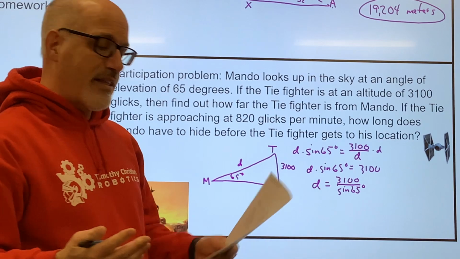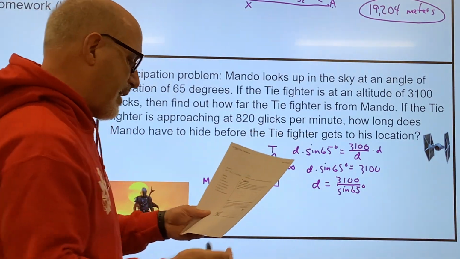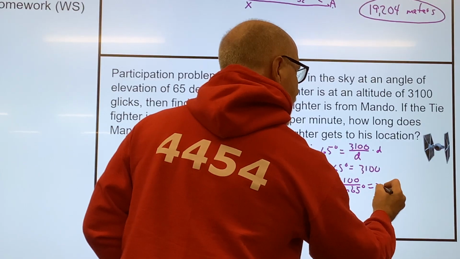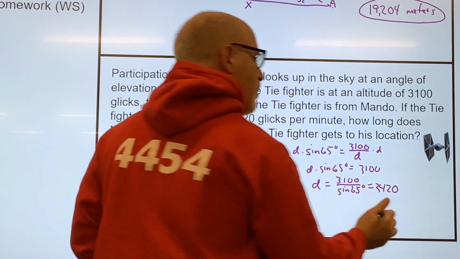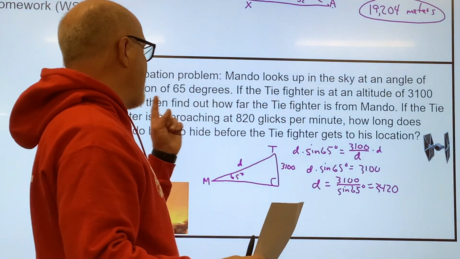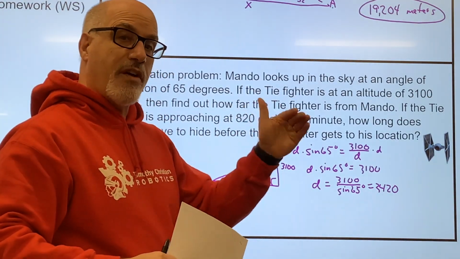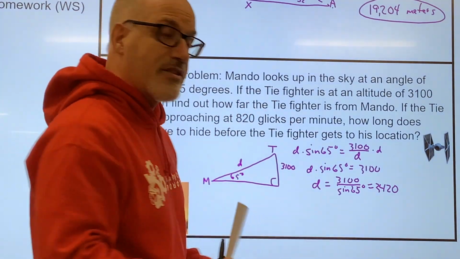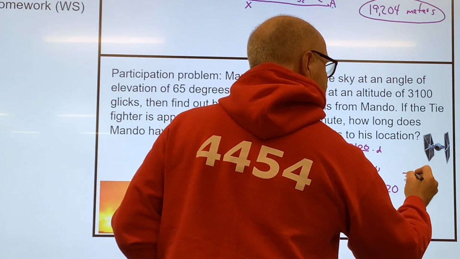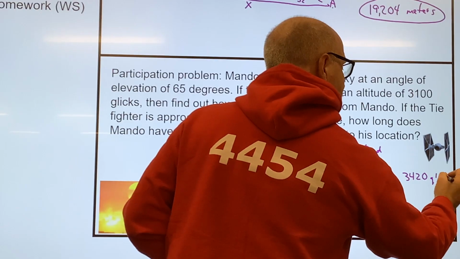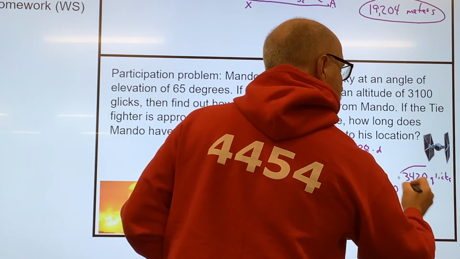I can calculate that on my calculator, and I got 3,420. Now, what's the unit of measure? It was this made-up measurement of a place far away, glics. So this is 3,420 glics. That's how far. That's the answer to the first question.